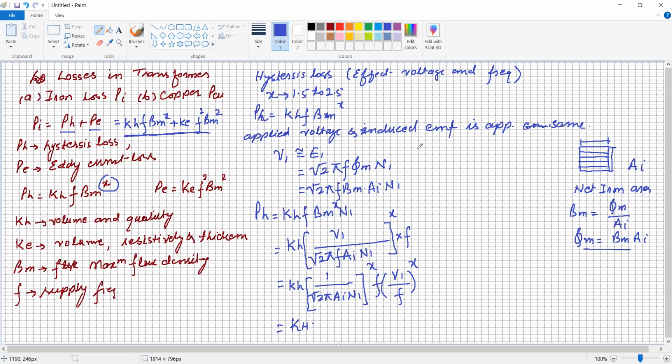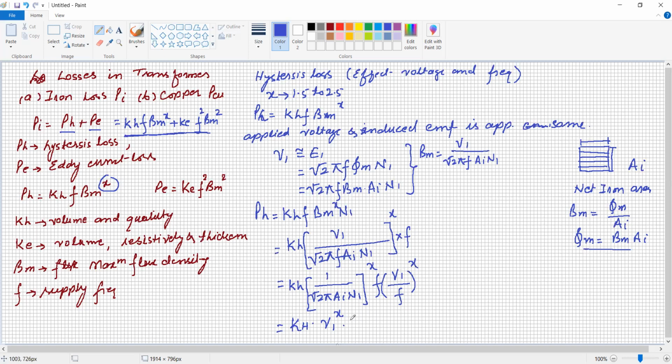Okay, so we will write over this one. Bm, suppose from this we have taken the value of Bm, what is that value? It is V1 divided by root 2 pi f into Ai into N1. Now this value is replaced, the B maximum value is replaced by this value. So KH is the constant, and this is written as V1 raised to x into f upon f raised to x, and 1 upon f raised to x.